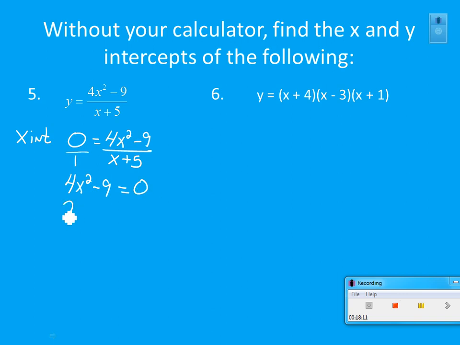I'm going to go ahead and factor this into 2x minus 3 and 2x plus 3 equals 0. So I'm going to get x-intercepts at positive 3/2 and negative 3/2. As ordered pairs, (3/2, 0) and (negative 3/2, 0).